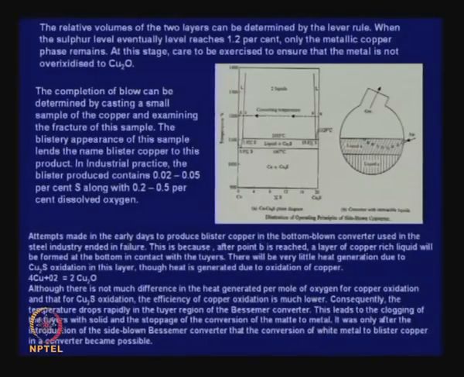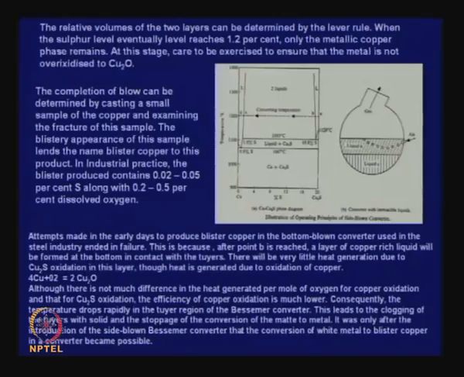Now, let us come to what is happening during converting. Starting with a mixture of sulfides, copper sulfide and iron sulfide, the iron sulfide is converted to FeO, and it is taken out as a slag. You are left now with a metal, very often called white metal because it looks white, which is copper sulfide.